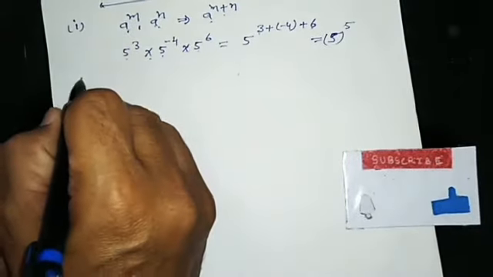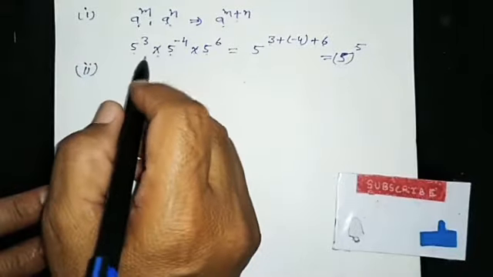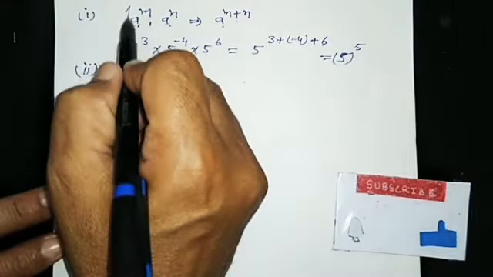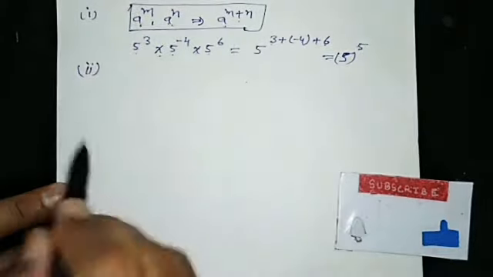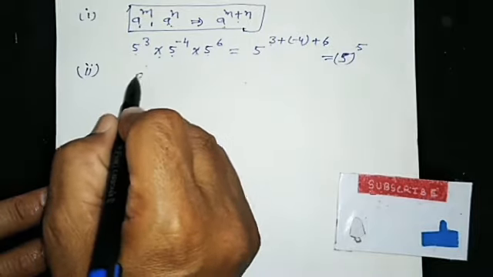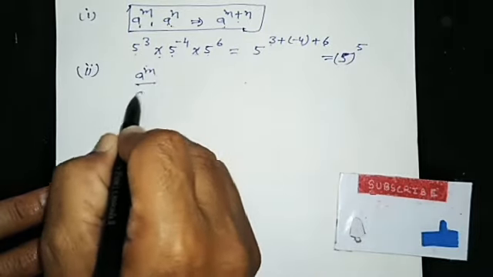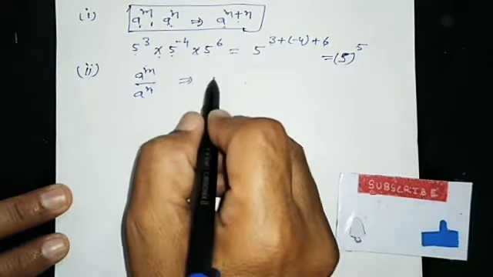The second one is division. We can put it in a box so that it is significant. The second one is division: a power m and a power n.